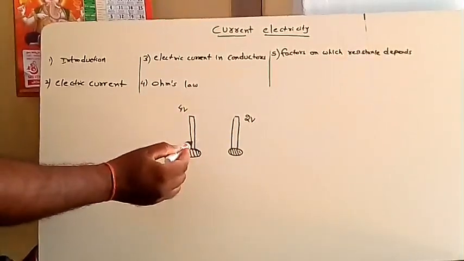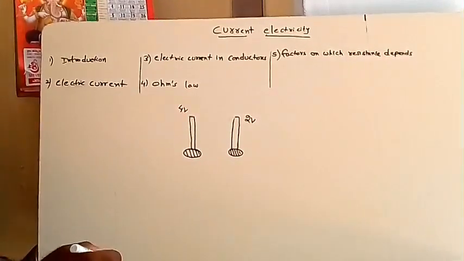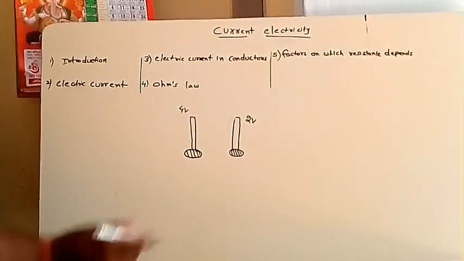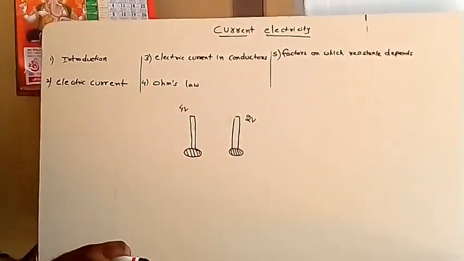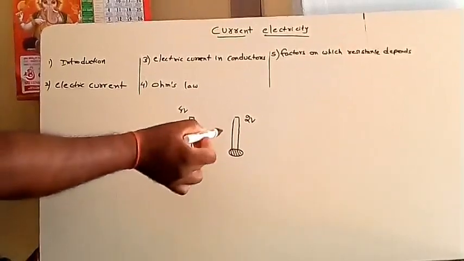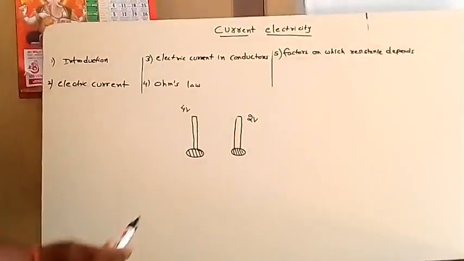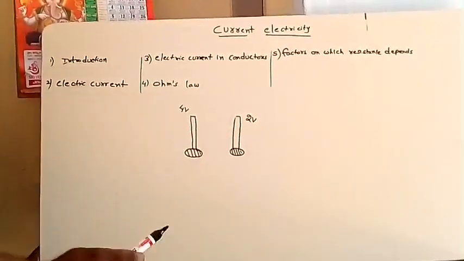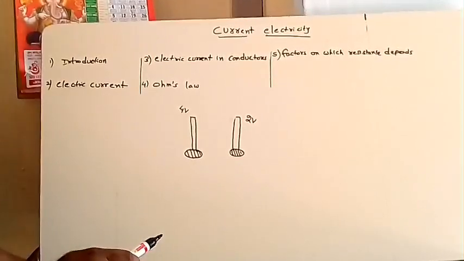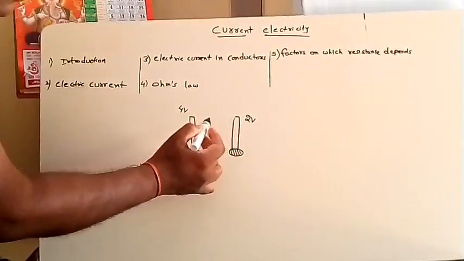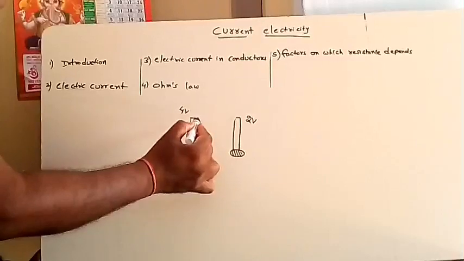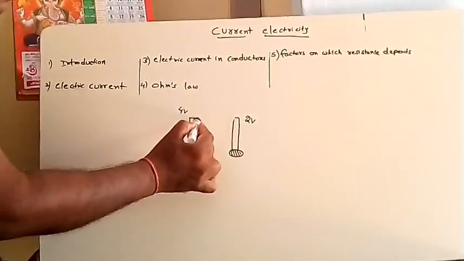Though both the conductors are very close to each other, the charges cannot flow from one body to another body because the surrounding air is an insulator. There is no physical contact between these two conductors. Suppose these two conductors are connected by a metallic wire.